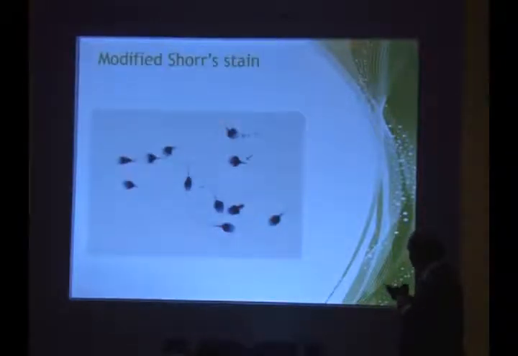This is a Shorr stain to show you the same, a completely morphologically normal sperm. Now you look at this sperm head, again a pear shape, sperm with short tail. This is abnormal head morphology. A normal sperm. A sperm with a very short thick tail.